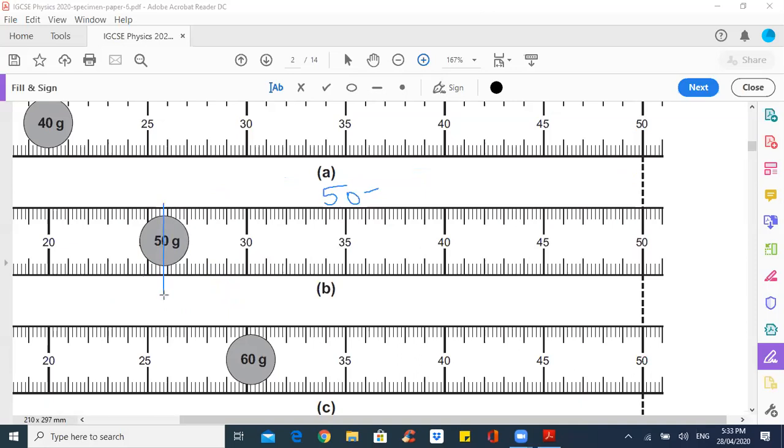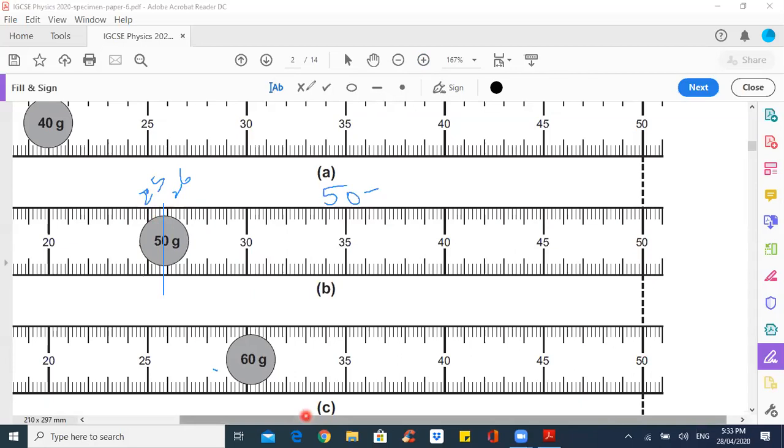Which is, if we notice, a stroke before this value. So watch, here was 25 and here was 26. This next bold line here is 26. Good, so that means there's one increment before the 26. So if here is 25, then here going to be 25.2, 25.4, 25.6, 25.8.